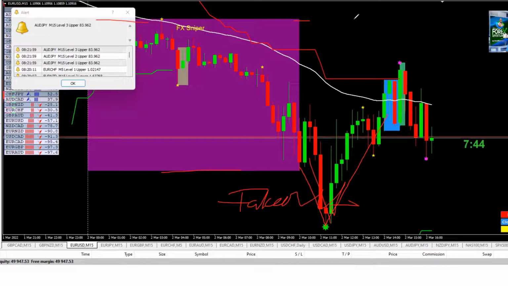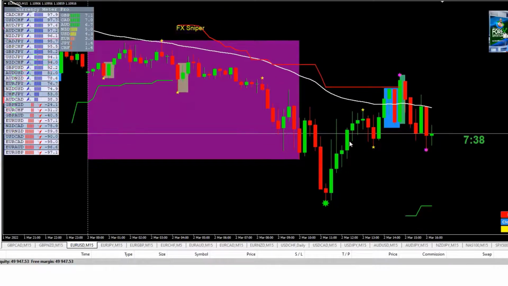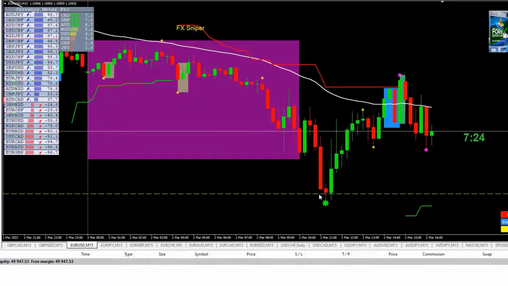If you had entered that trade, this would have ended in a loss. The breakout candle actually is this red one, right? So if you had placed this trade, this would have been possibly where you would have put your trade.